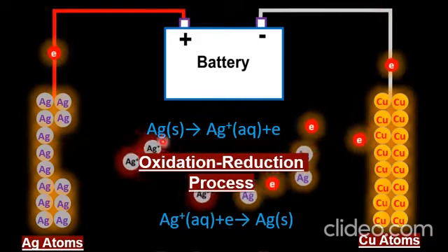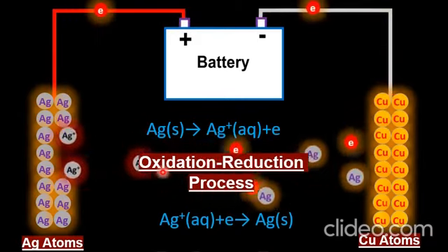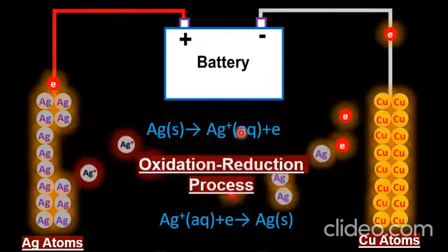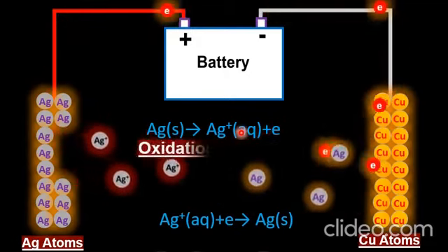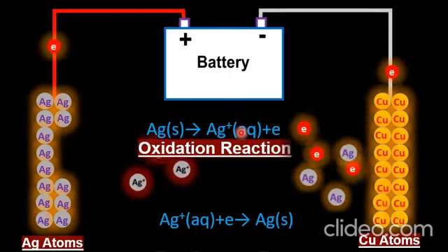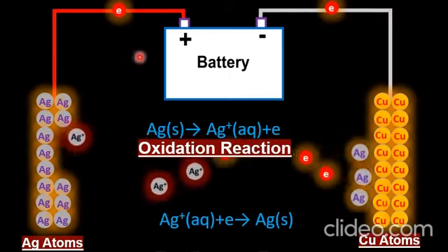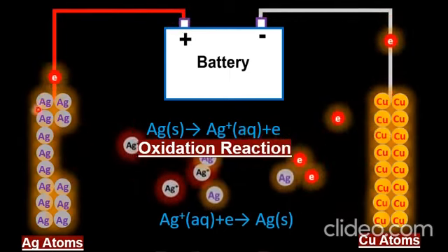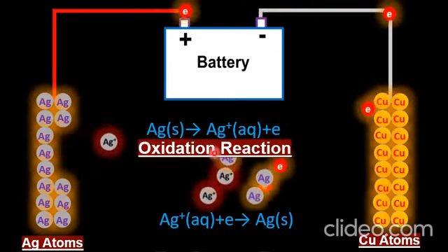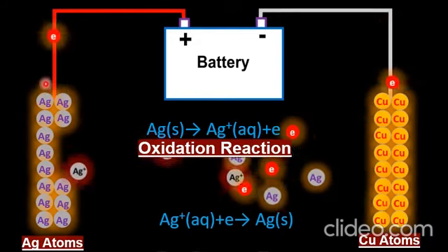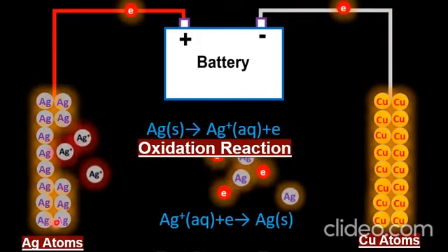On the surface of the silver plate, the silver atoms are losing electrons, so oxidation happens there. They get converted into ions and become part of the electroplating solution.